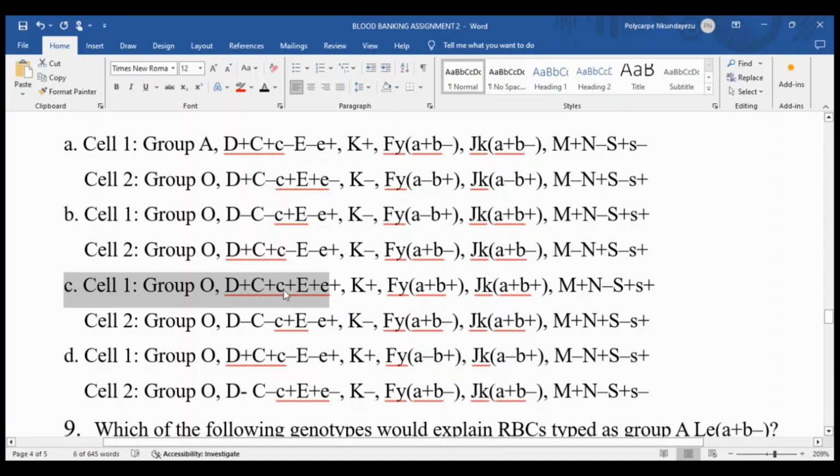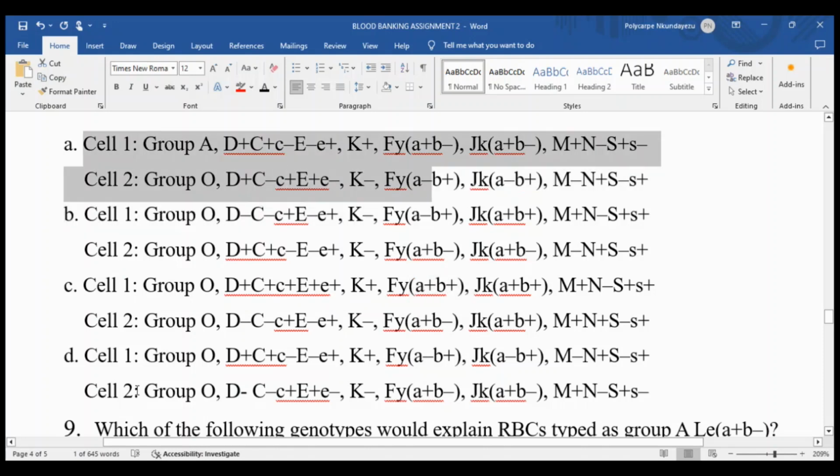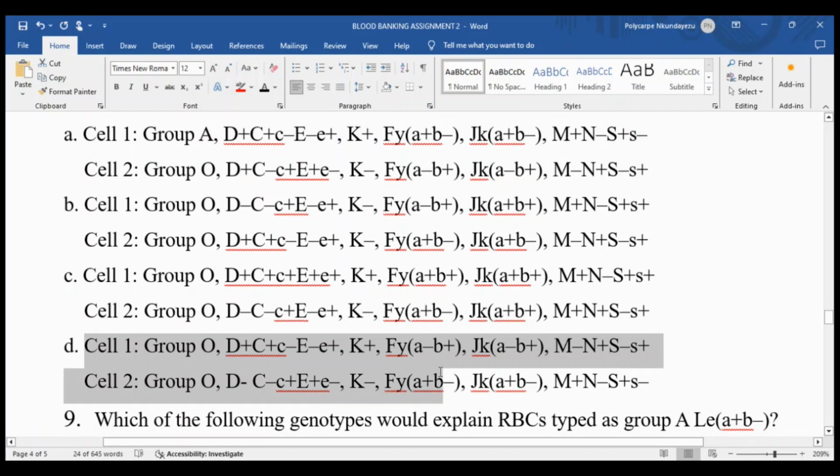The same goes for Fya and Fyb, which are not in homozygous form, because here is plus and A is plus. There are some other criteria that could be used to exclude other pairs of cells. So pair D is really the best because it meets all the inclusion criteria.